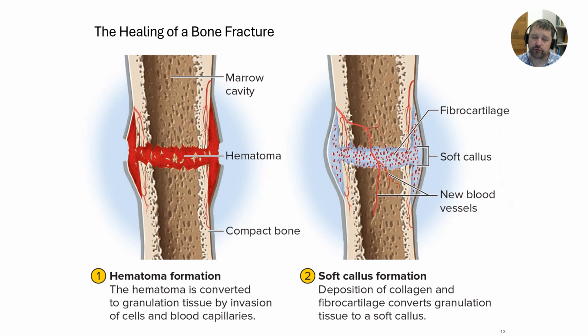The first step to heal a bone fracture is to produce a hematoma. The production of hematoma is partly due to this region. Remember, this region has blood flow, and when you break this, you damage the blood vessels and the capillaries, and that's part of that hematoma.